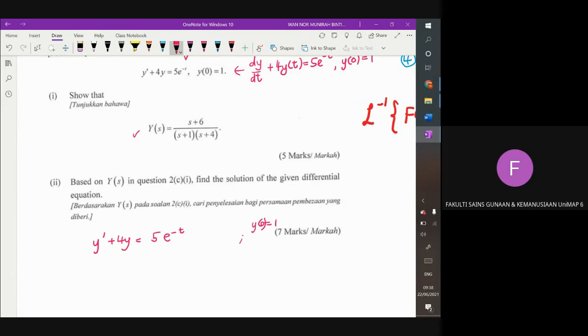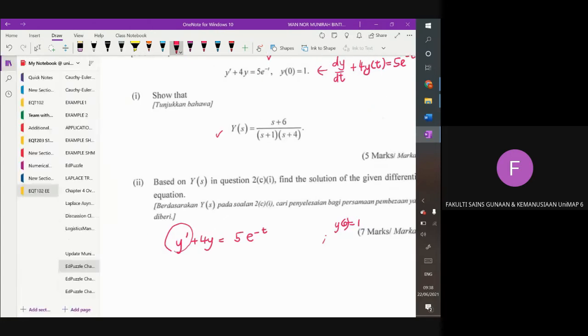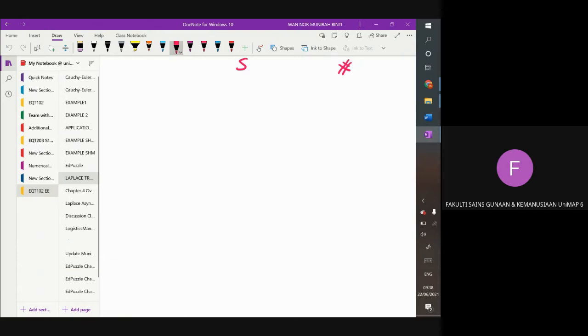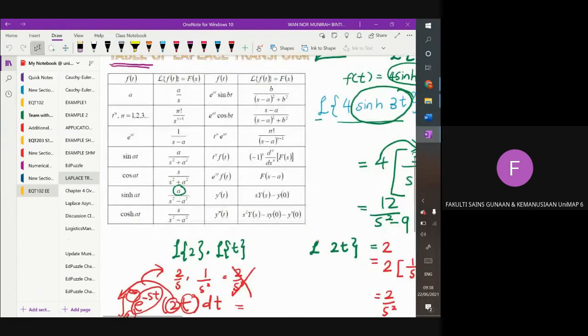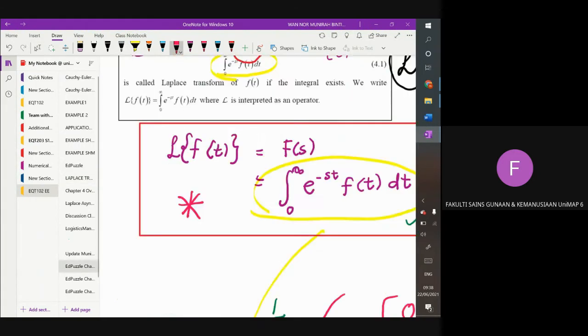By taking the Laplace transform of y prime, look back at the table, what does it say for y prime? I can look here. Okay, y prime is sys minus y0.